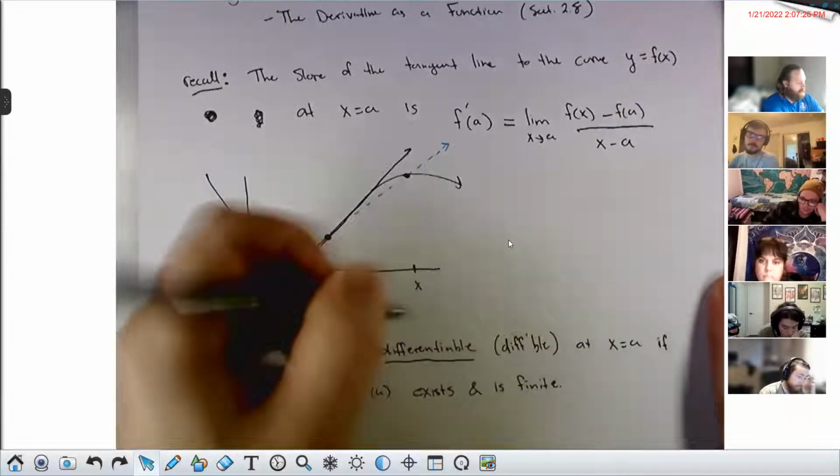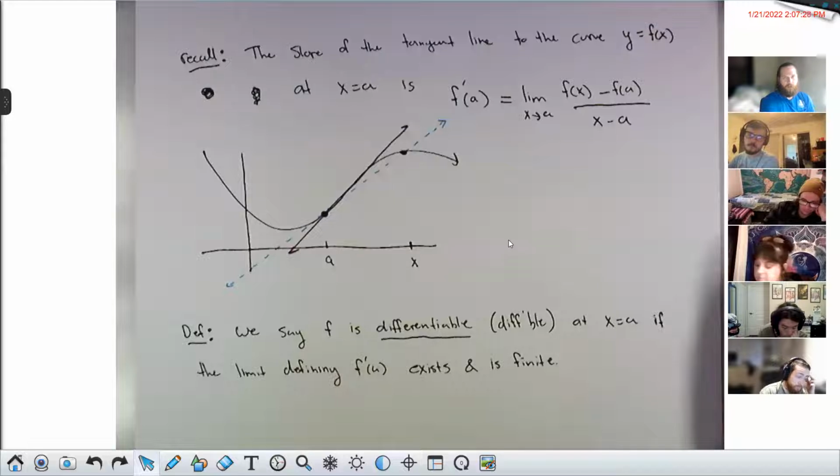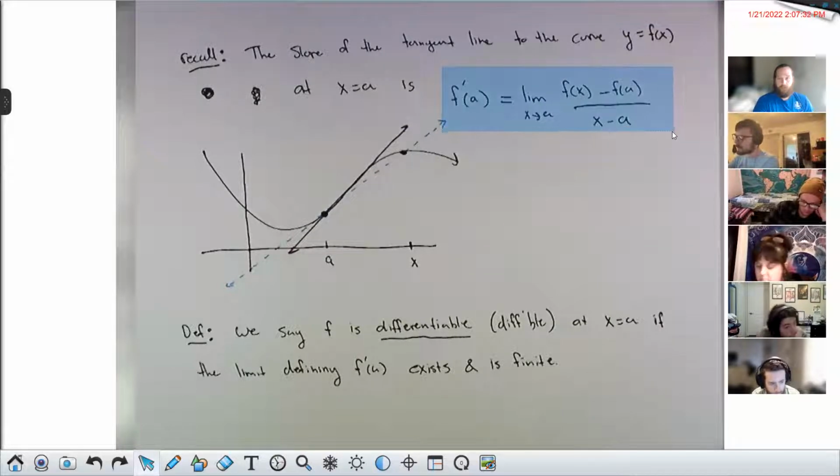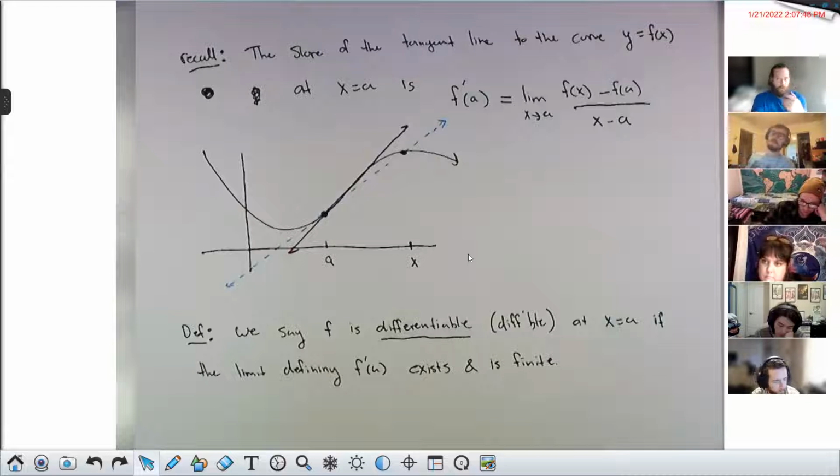All right. So if the limit defining f prime of a exists and the limit comes out to a finite number, right, not positive infinity or negative infinity, if both of those conditions are met, then we call f differentiable. And it's something that happens one point at a time. So a function can be differentiable at 2 or at 3, but not differentiable at 4.